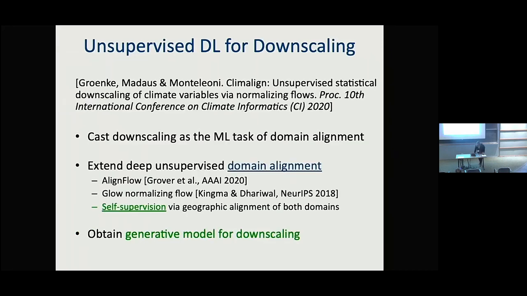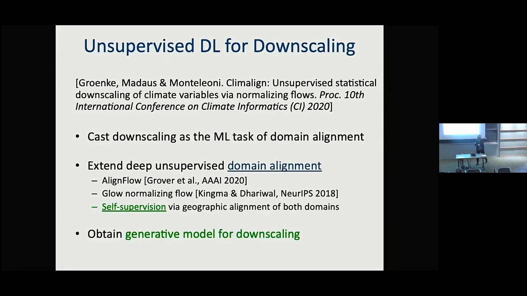So the key idea of Brian's was to appeal to domain alignment coming out of unsupervised deep learning. In particular, he used an idea called AlignFlow and instantiated the normalizing flow with Glow. We'll get into those details shortly, but the punchline is that it worked. The intuition I have is that ultimately there was a self-supervisory signal in the data that allowed it to work.